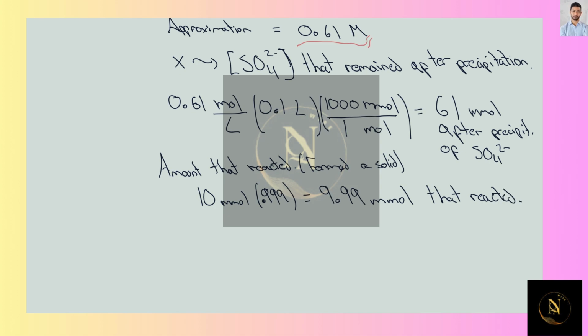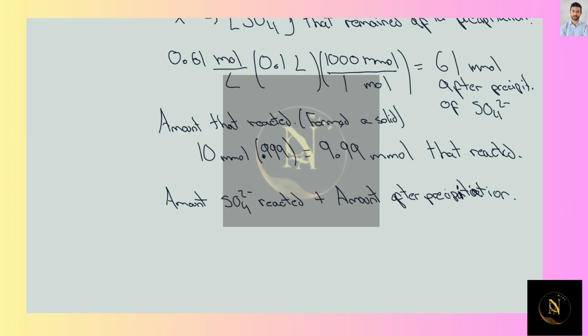Okay, so if we add up the amount of sulfate that reacted plus the amount after precipitation, that should be left in order for the solid precipitation, this would give us 9.99 plus 61 millimole, which is 70.99 millimole, which is close to 71 millimole.